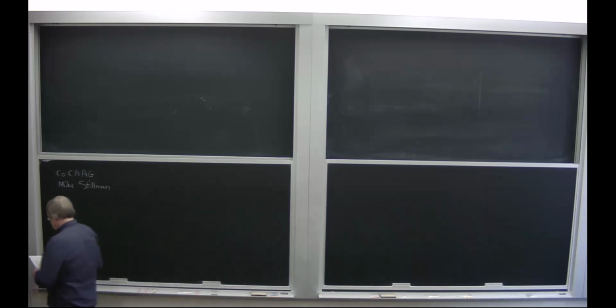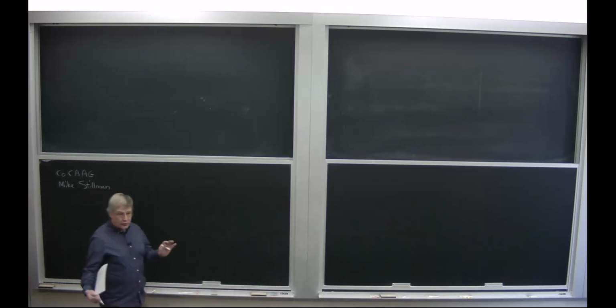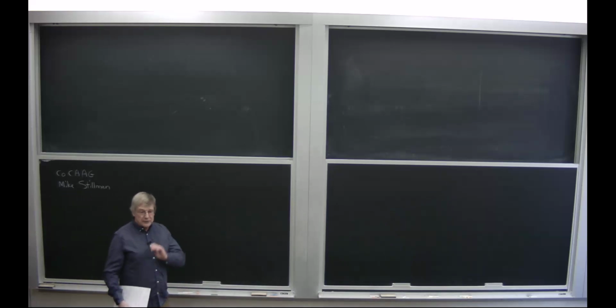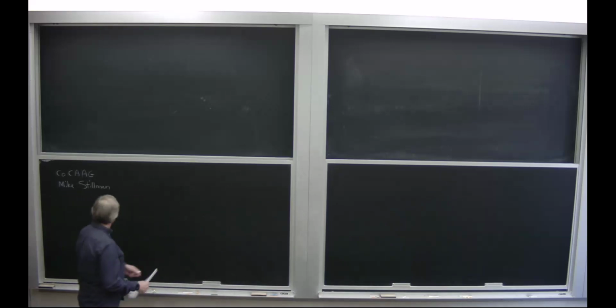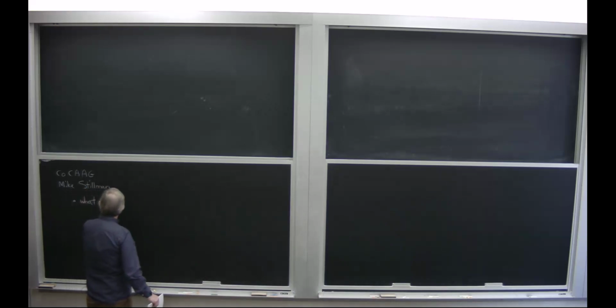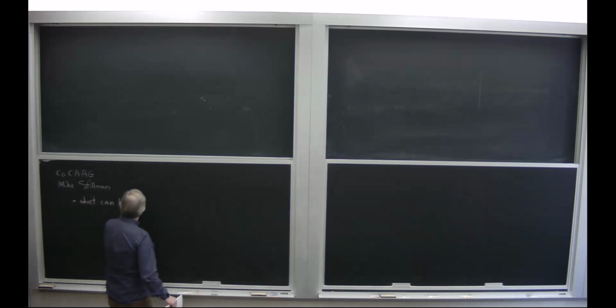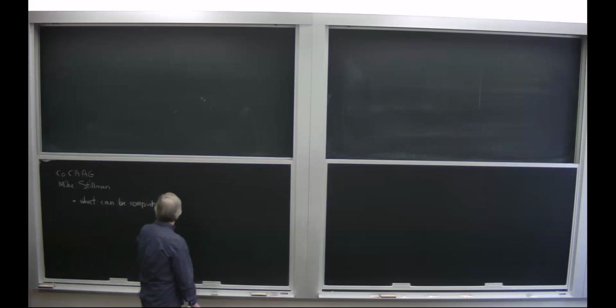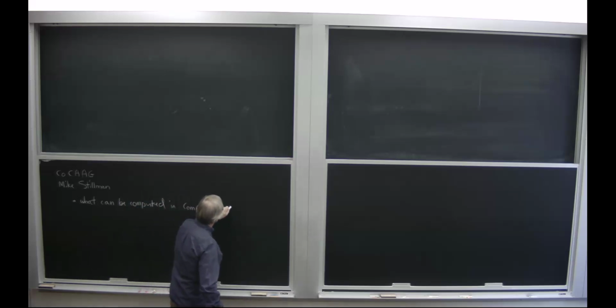So the basic idea of this course is to figure out in commutative algebra what can be computed and how to do it, and actually to do it. Not just what can be computed, but how to do it, in commutative algebra and in some parts of algebraic geometry.